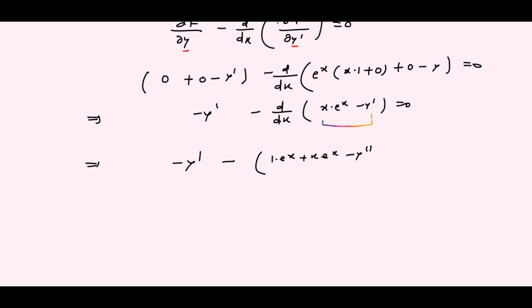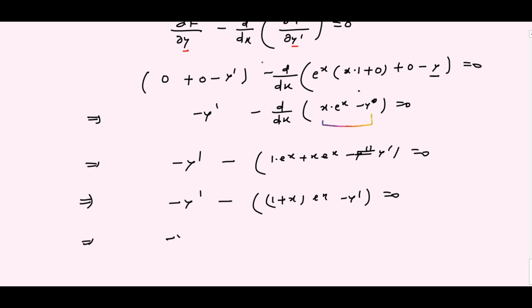Here will be y only, so we will get y dash is equal to 0. So now further simplifying, we will get negative y dash, negative 1 plus x e to the power of x negative y dash is equal to 0.